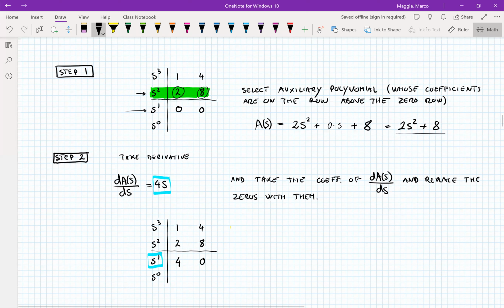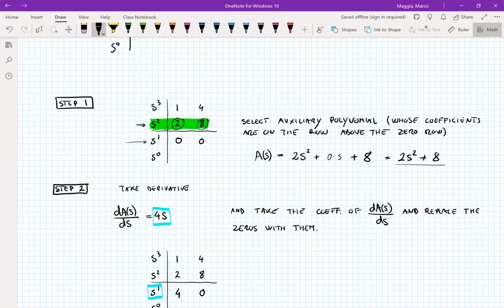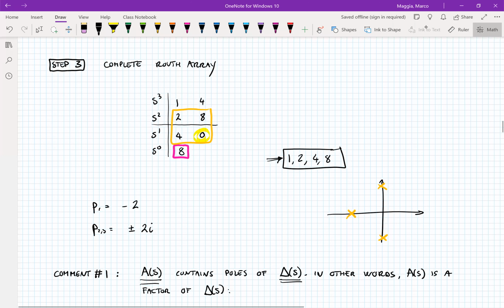If we take the auxiliary polynomial, 2s squared plus 8, then the roots of this equation, so this is s squared plus 4 equals 0, are s equals plus or minus 2i, which are exactly P2 and P3.